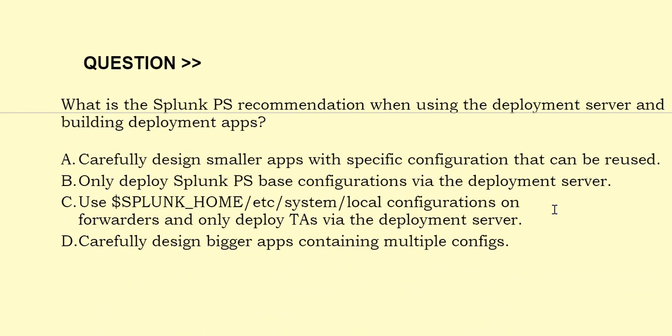Option C. Use $SPLUNK_HOME/etc/system/local configuration on forwarders and only deploy TAs via the deployment server. Option D. Carefully design bigger apps containing multiple configurations. The correct answer is option B.